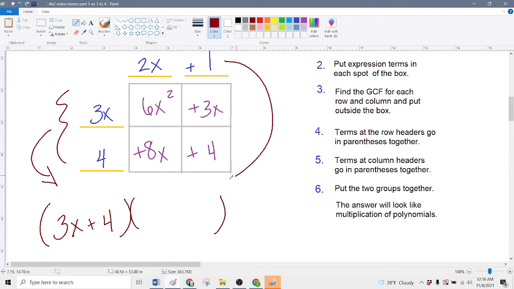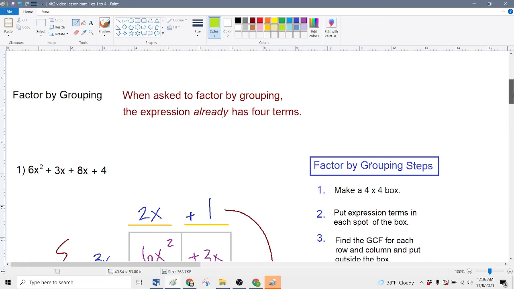These terms from the top, they'll go in that second set of parentheses. Of course, when you don't see a sign, if you forget to bring your sign up, make sure you fix that here, okay? So here's our answer for our first example factor by grouping, okay?